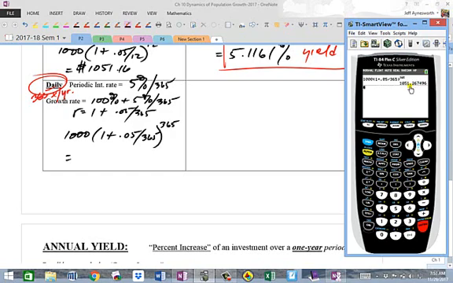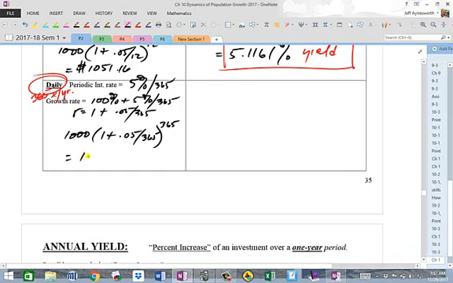And notice that we yielded more. We gained more money. The previous value was $1,051.16. Here we have $1,051.27 if you round to the nearest penny. So what's our yield? So we have 1,051.27 divided by 1,000 minus 1 times 100.